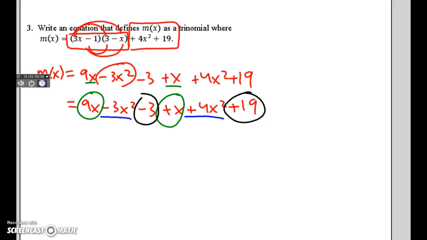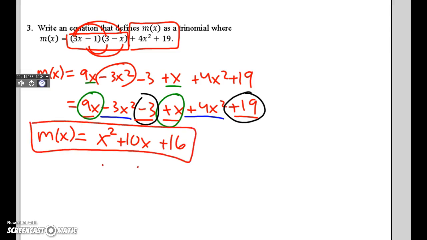So I'm going to start with the highest power of x, which is x squared. So when I take those, minus 3x squared plus 4x squared gives me 1x squared. Then I have 9x plus x gives me 10x. Negative 3 plus 19 gives me positive 16. Okay, so I'm just checking I have highest power of x, and I have my three terms, I've combined them. Now I have my final solution.